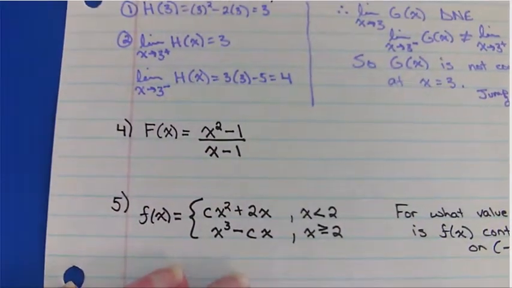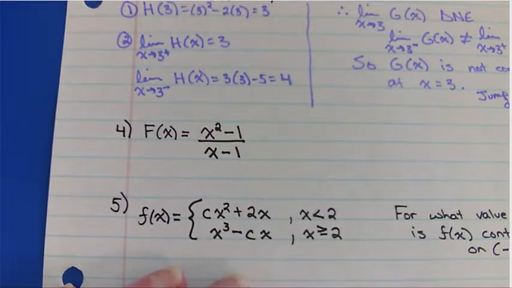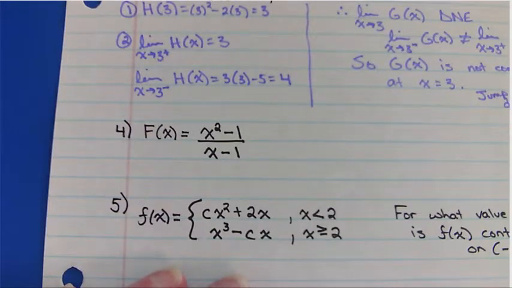Now notice the difference on this one. I did not state what x value we're looking at. So let's think about the domain of this function. This function is defined for everything except for x equals 1.